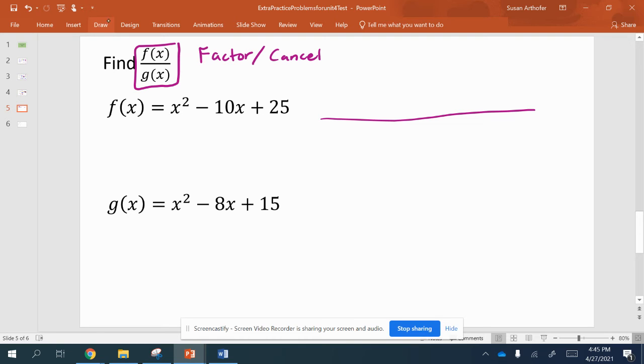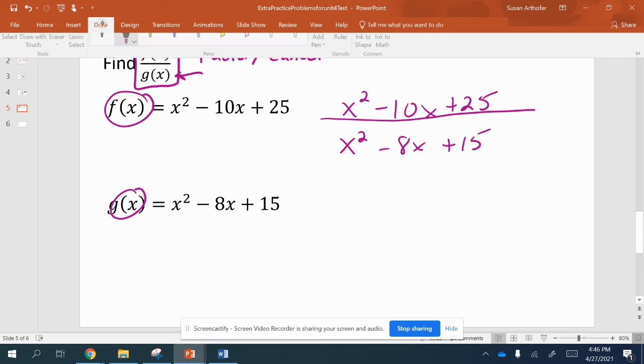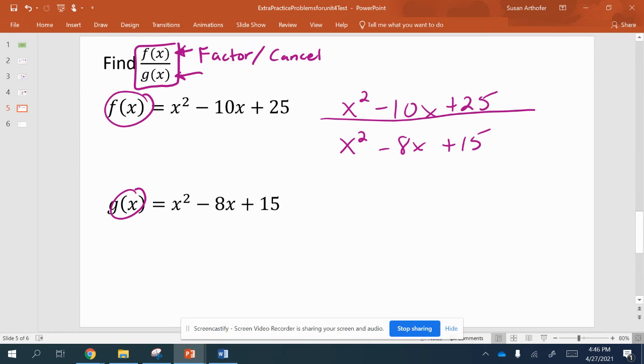Okay, so draw one big bar. It says to put the f of x on the top. So we're going to put x squared minus 10x plus 25 on the top. And it says to put the g of x on the bottom. So we're going to put x squared minus 8x plus 15 on the bottom. Anything with x squared means magic x.